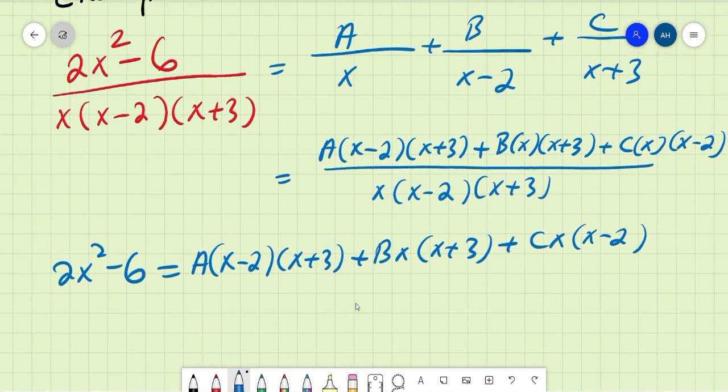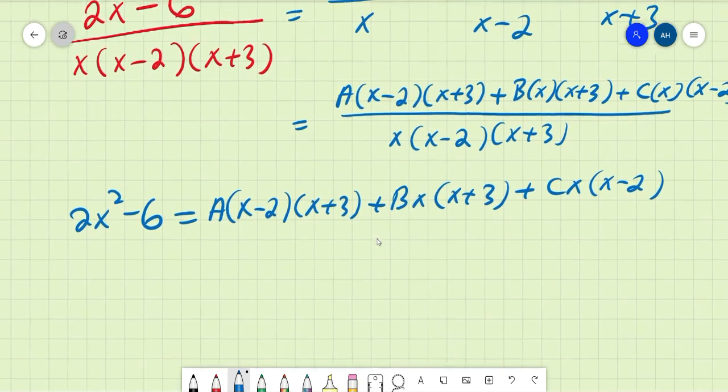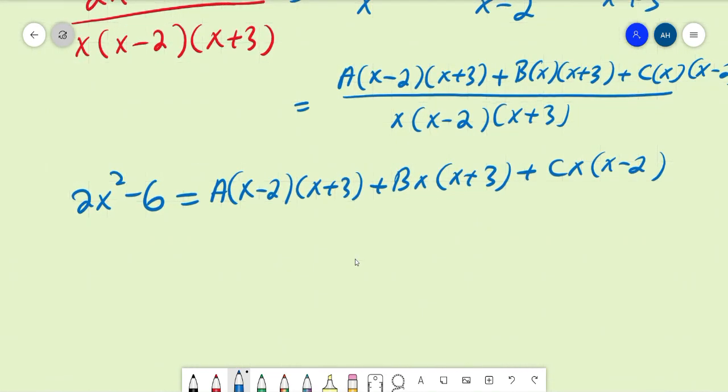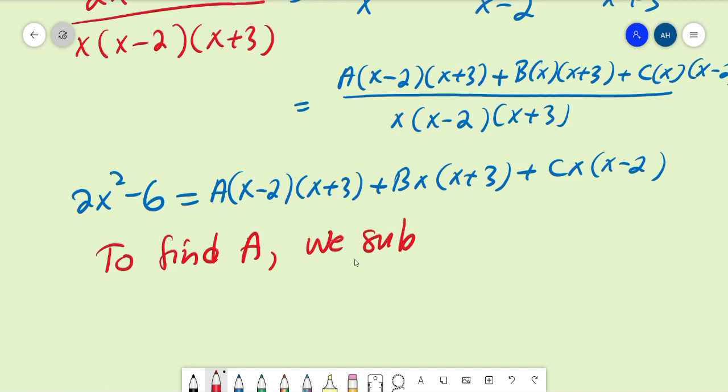Now to find the value for a, we substitute x equal to 0 on the left hand side and right hand side.